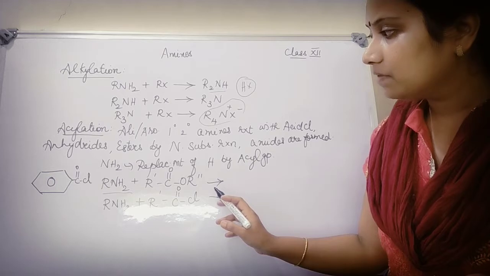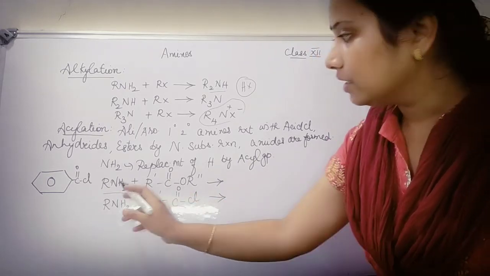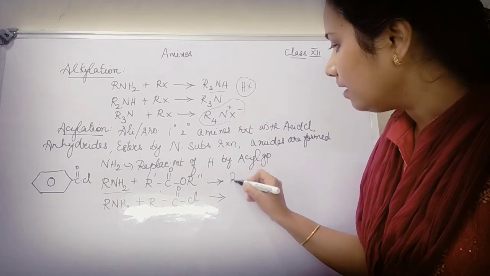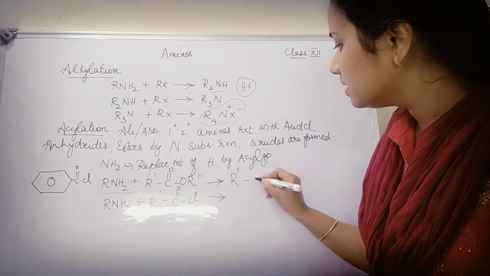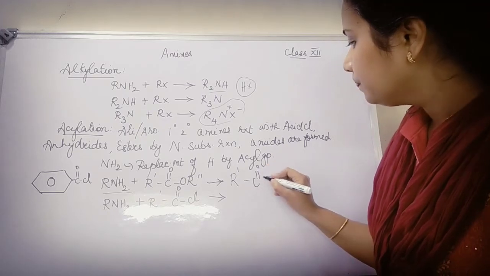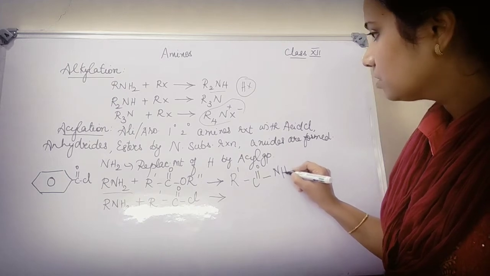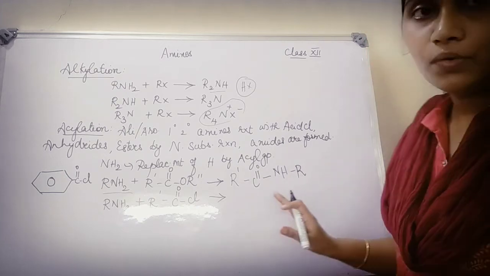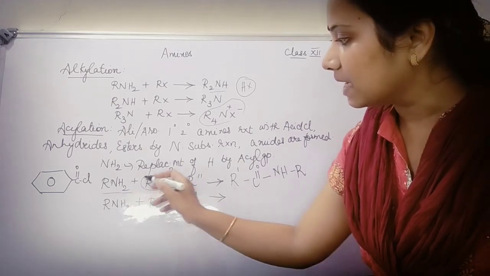What product will be formed? I told you one of the H is replaced by this, right? So how will you write this? R, or you can start with R dash, C double bond O, now NHR. This is how you need to write. So I have to remove one H and replace it with this acyl group.